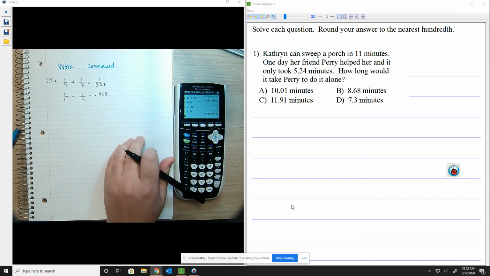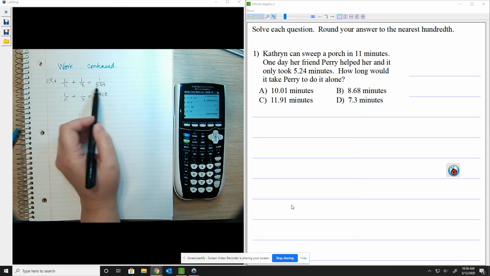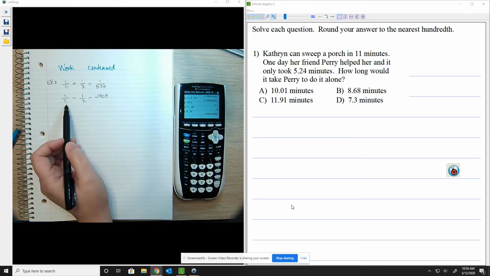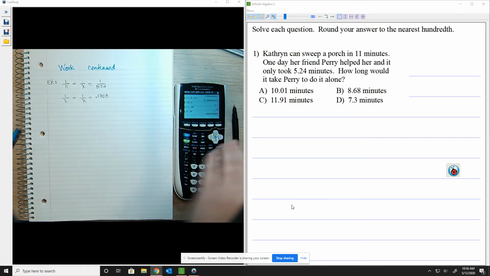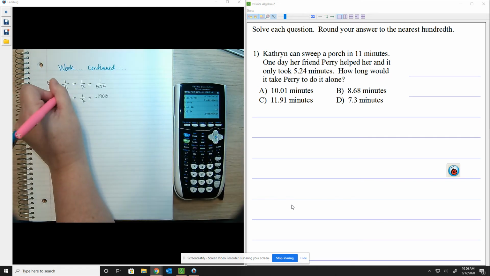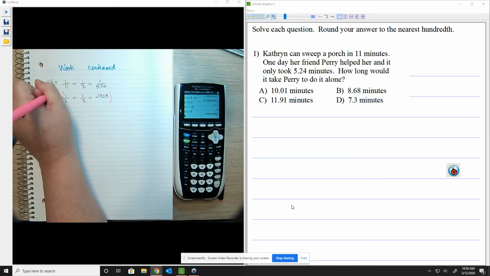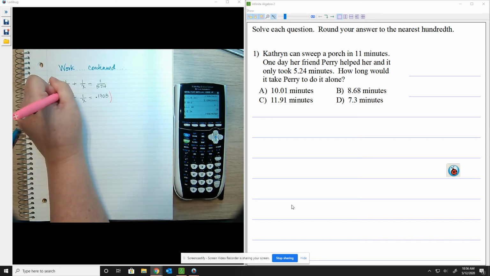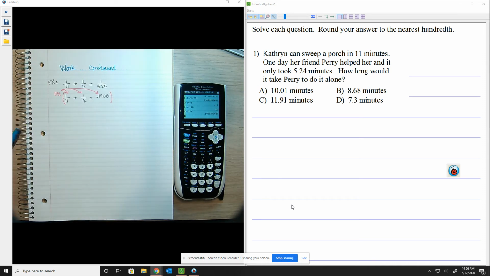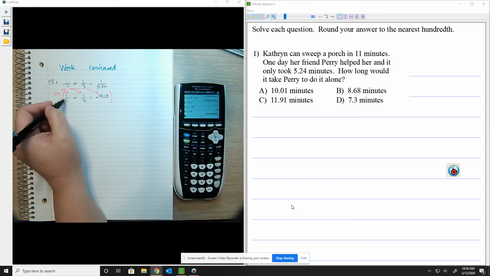Okay. Because now I got to multiply by the common denominator. And now the common denominator is a little bit easier because instead of having to multiply 11 times 5.24, my common denominator is just 11x. So I'm going to multiply everything by 11x because that is my common denominator. All right, so when I multiply 11x times 1 over 11, the 11s eliminate.